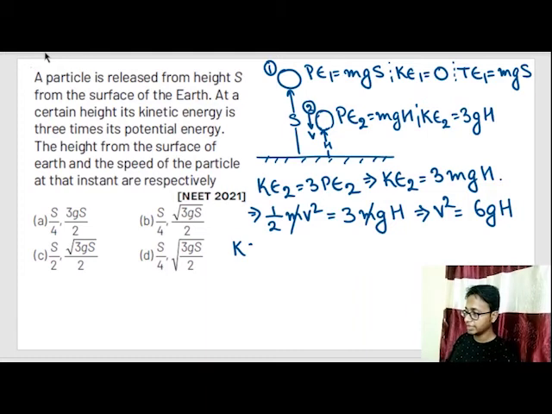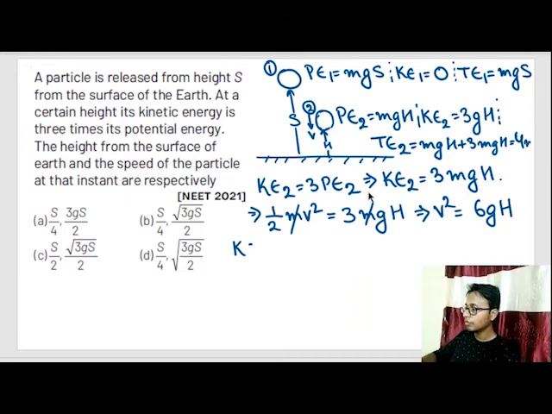How? It is given in the condition of the question: kinetic energy is thrice the potential energy. So total energy at point 2 is mgh plus 3 mgh, which equals 4 mgh.